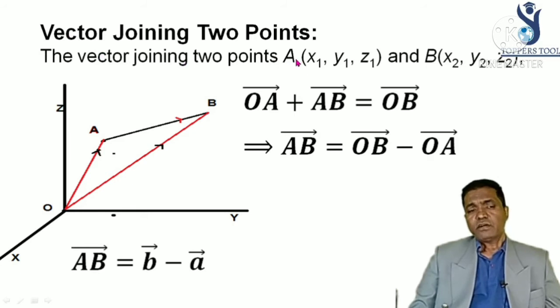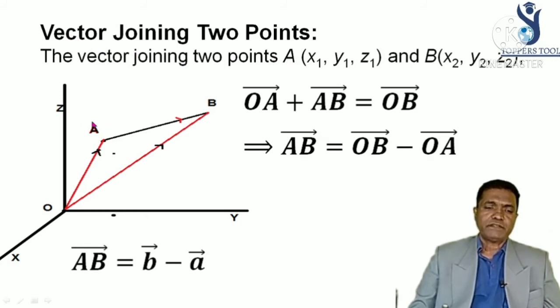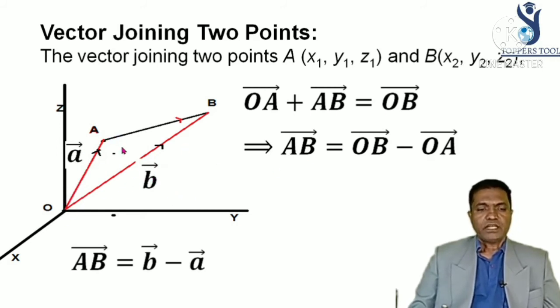Now see here, we'll understand how to find the vector joining 2 points. Suppose that there are 2 points A and B, and their position vectors are vector A and vector B. Now we want the vector joining the 2 points A and B, directed from A to B. I want this vector AB.